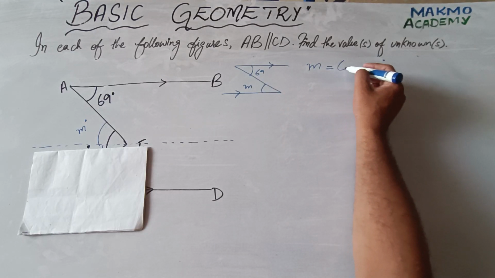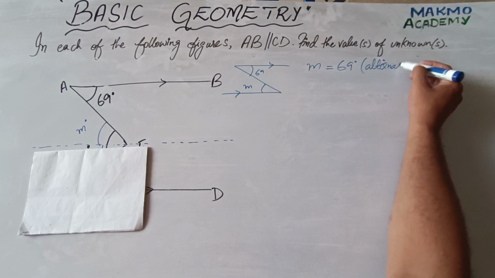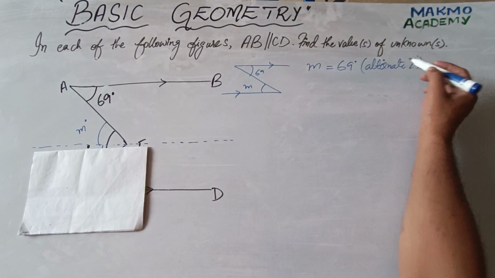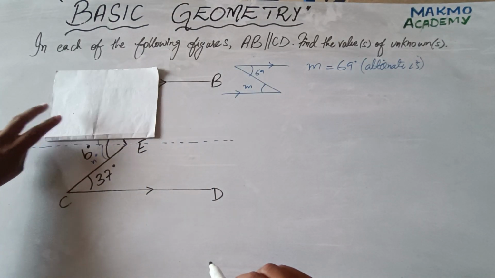So M is equal to 69 degrees according to alternate angles.